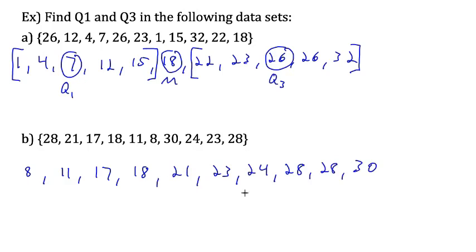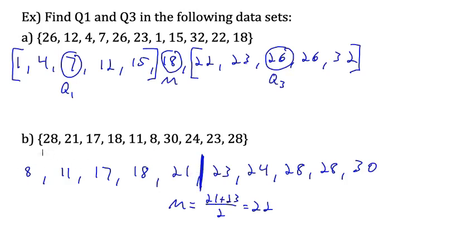All right, in this case, there are 2 middle numbers, the 21 and the 23. So the median will be halfway between those. And we can always add and divide by 2. And when we do that, we get 22, which notice is halfway between 21 and 23.